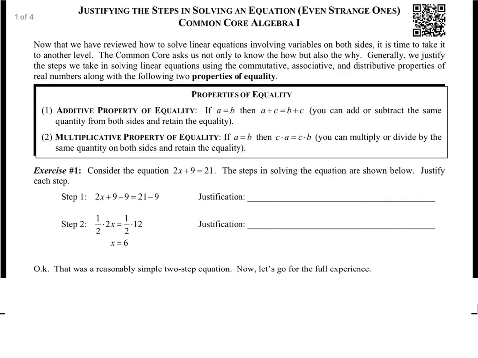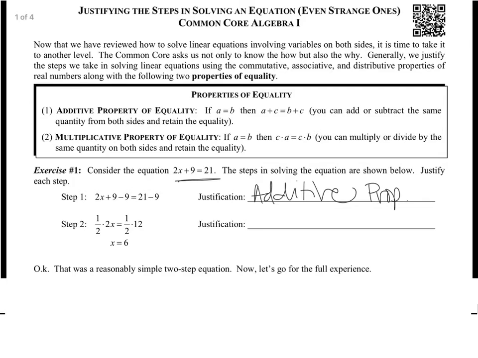So exercise 1, from 2x plus 9 minus 9 equals 2x minus 9. It came from here, so what you really did is you subtracted 9 from each side. The justification for that is the additive property of equality, which we learned up above.